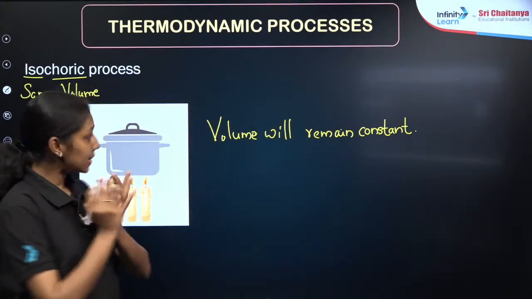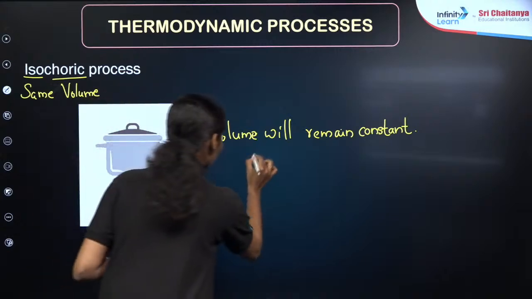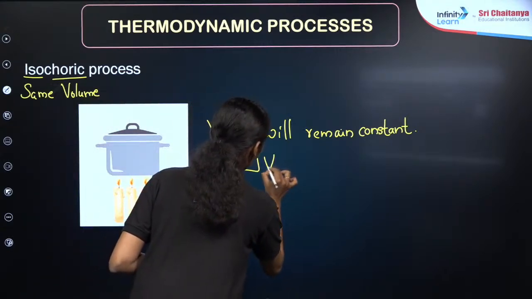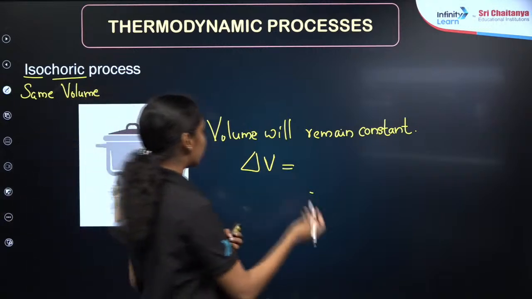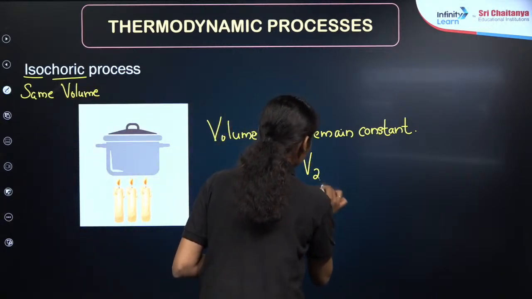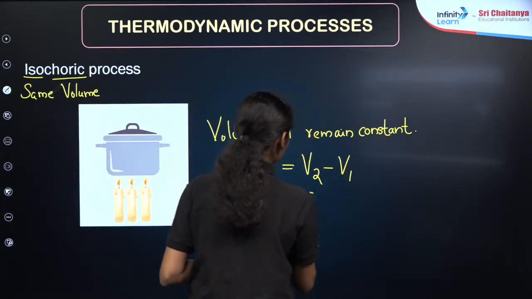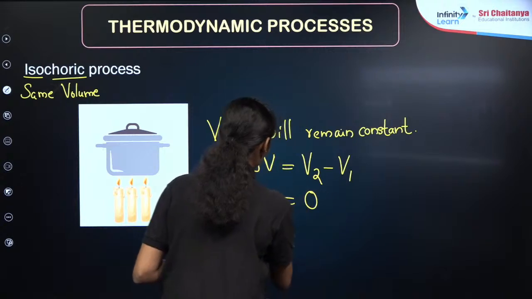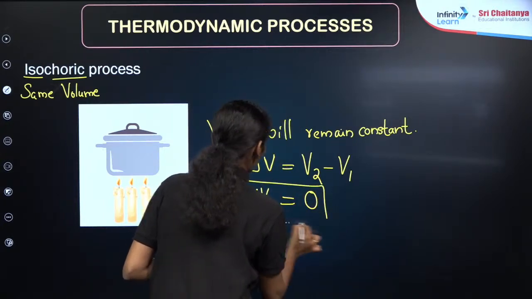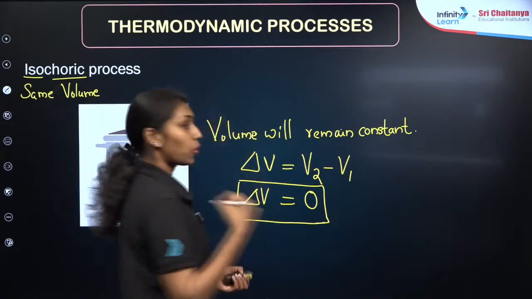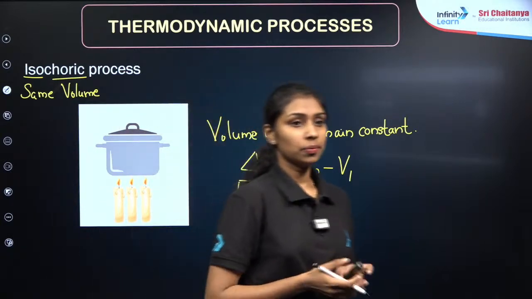So I can say that this is an example of an isochoric process. So what will be the delta V here? Again, volume is a state function, so we can take it as the difference between the final state and the initial state, that is V2 minus V1 is equal to 0, or delta V is equal to 0 is the condition for an isochoric process. Clear?